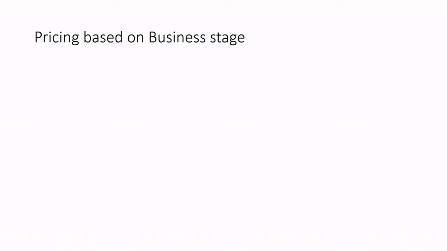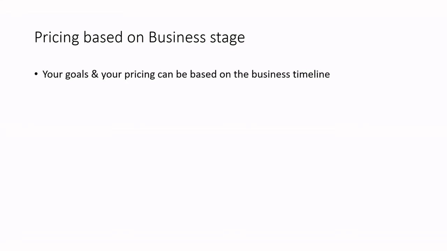And all of this gets wrapped up into a further consideration of what stage of business life are we in? Our goals and our pricing strategies can be based on the part of the business timeline that we find ourselves in currently.